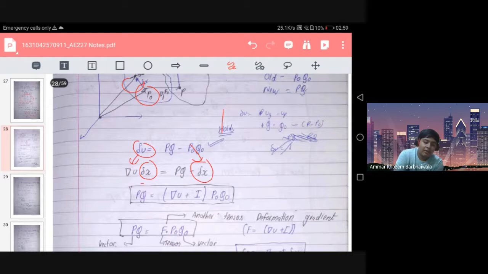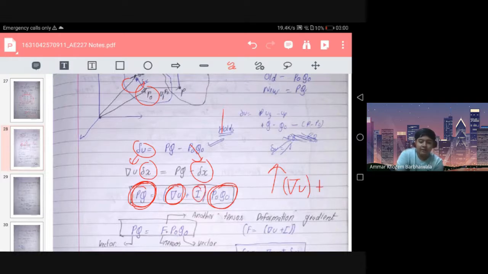So basically I know that if I take any point PQ, the final position of PQ after some shear or strain or whatever the case may be. If I have this initial P naught Q naught, I can get the final PQ by just considering this grad U tensor. If I am given the displacement field, I can take the grad U tensor. I can also add the identity tensor.